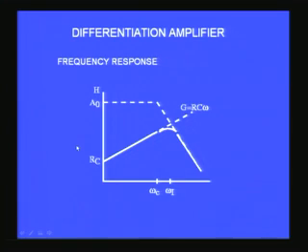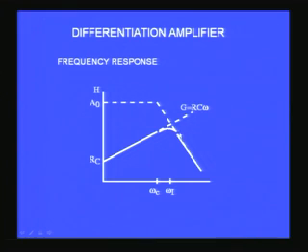Right. So if you look at the frequency response curve, you would find it will be something like this. It is because it is a superposition of two curves. One is due to the op amp, about which I have not yet discussed, but I will discuss in some detail later on. You have a constant gain up to some frequency, and then it rolls off with a constant slope at the end due to the internal capacitance and things like that, and therefore this is the bandwidth graph, or the Bode plot, corresponding to the op amp, and this is the response of the RC circuit that I have.